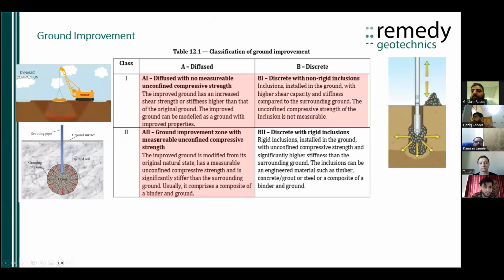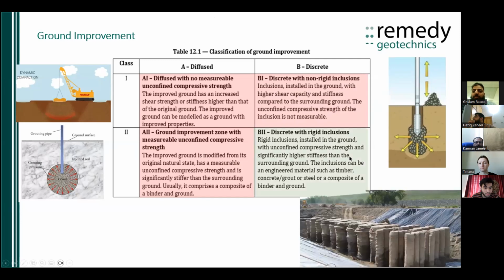Discrete, again, could be stone columns, and again, you're not creating something that's rigid and has an unconfined compressive strength, but you are improving the general stiffness of the soil. And finally, and this is where rigid inclusions come, you've got a discrete technique where you are in fact creating something that has an unconfined compressive strength.